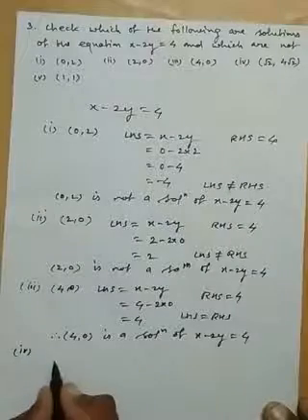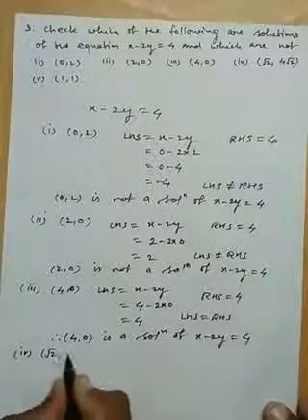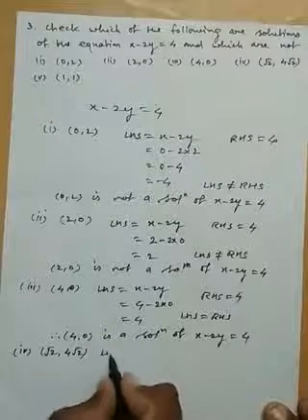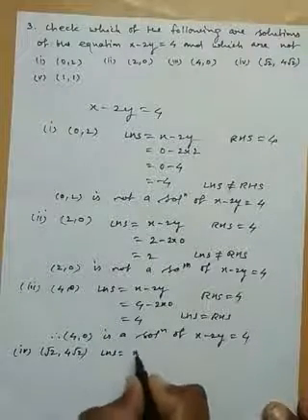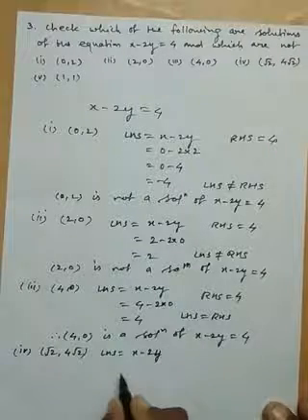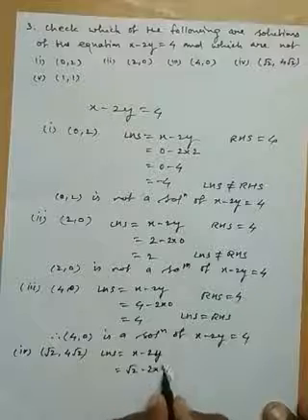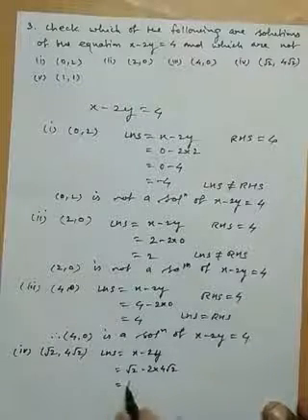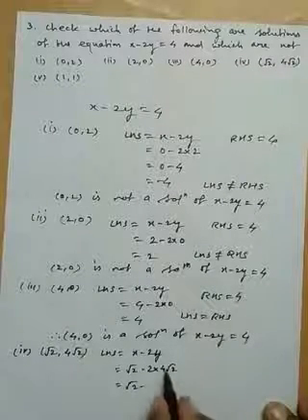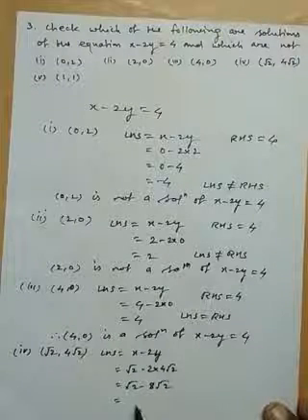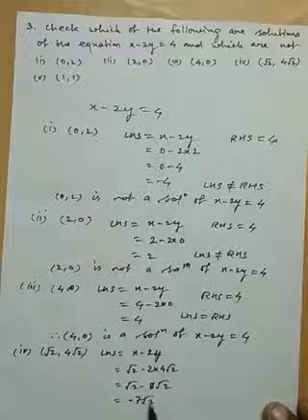The fourth option is (root 2, 4 root 2). In the LHS, put x equal to root 2 and y equal to 4 root 2. Here 2 times 4 root 2 is 8 root 2. And root 2 minus 8 root 2 is minus 7 root 2.